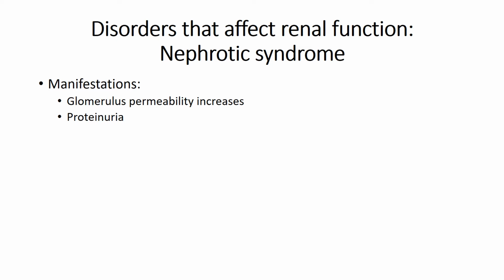This proteinuria is really the defining characteristic that we see in this nephrotic syndrome. We also see lipiduria due to increased liver function, and the liver is going to increase lipid production. We would expect to see hypoalbuminemia, which is talking about decreased albumin protein in circulation.